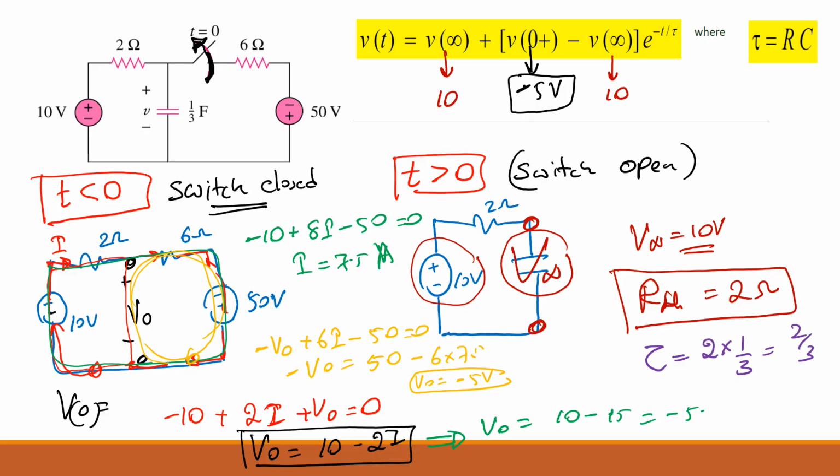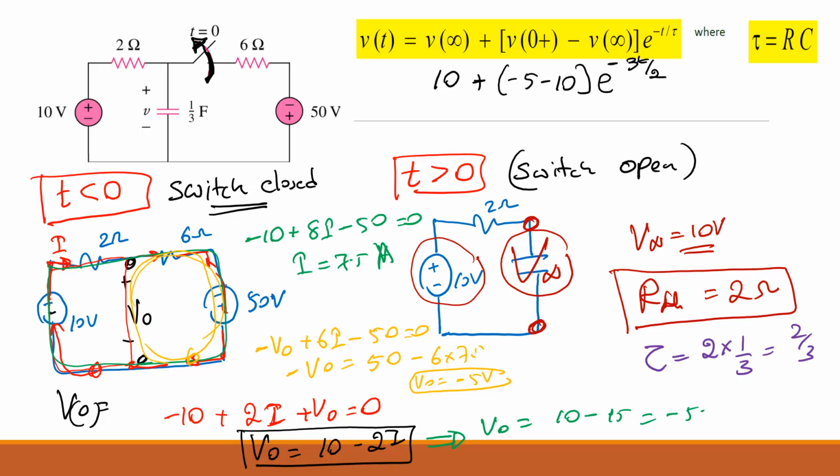Now you can write the equation. So that will be V infinite is 10 plus minus 5 minus 10 e to the power negative 3t over 2.